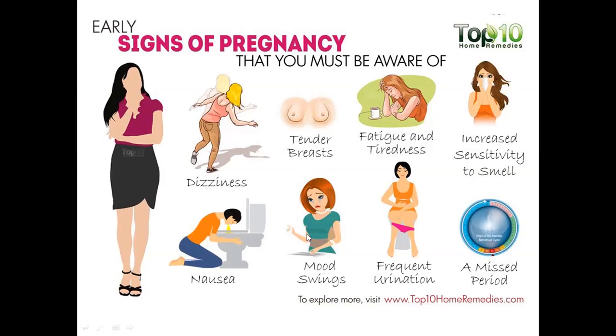And mood swings. At that stage, the mother needs mental support and courage, and also frequent urination because the uterus puts pressure on the urinary bladder, increased sensitivity to smell, and the stoppage of the menstrual period.